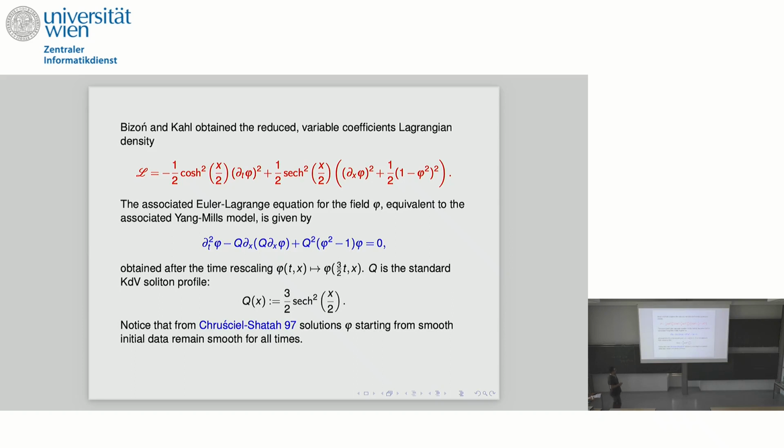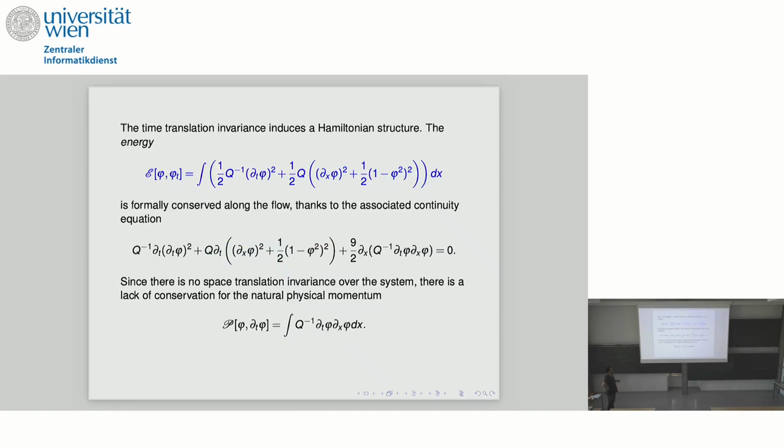I recall to you that this is a hyperbolic setting, so you can apply this crucial Choquet-Bruhat result from 97, where you can say that if you start out with initial data that is smooth enough, then it continues smooth enough for all times. Additionally, you have a conserved energy, which is written here, which follows from this continuity equation.